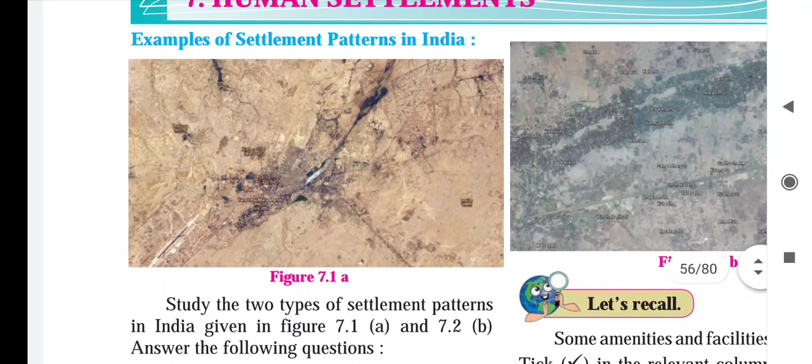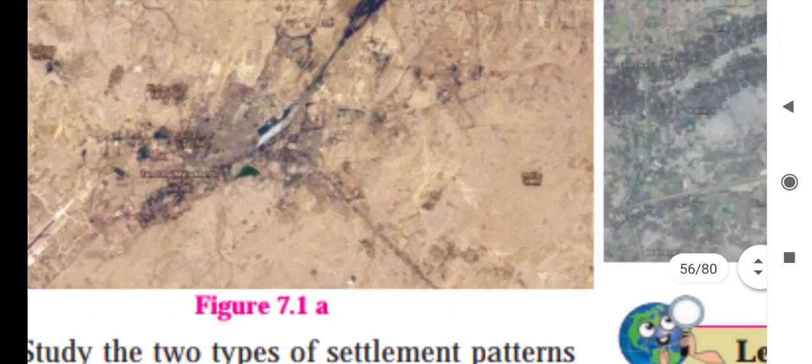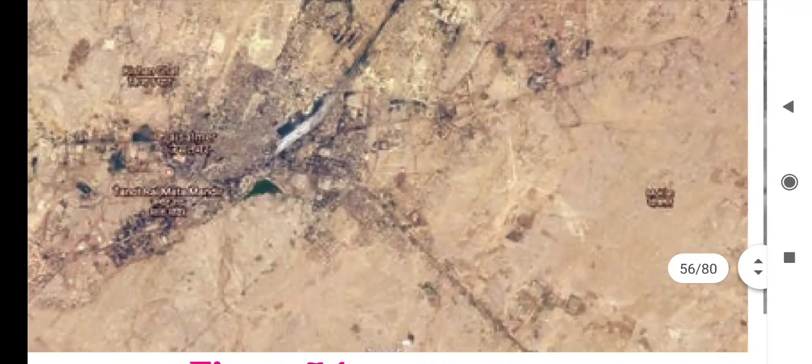Now which one is nucleated settlement and why? So 7.1a is nucleated settlement because in this region we can find all the facilities. People like to stay in the place where they are having facilities. Which facility?